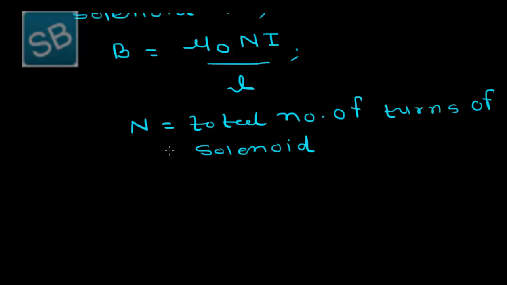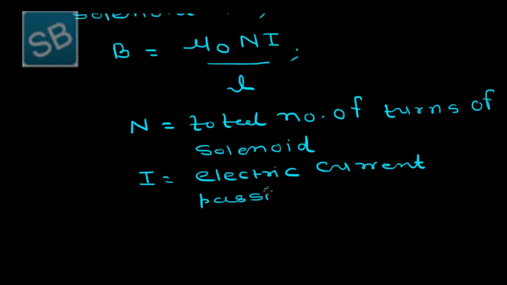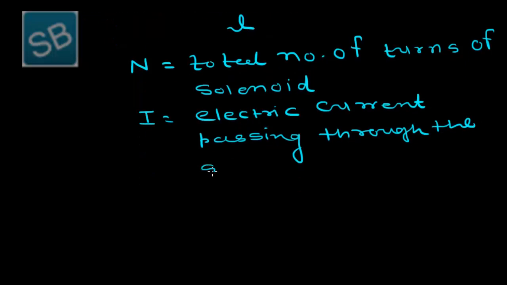I is the electric current passing through solenoid. And l, that is the length of the solenoid.